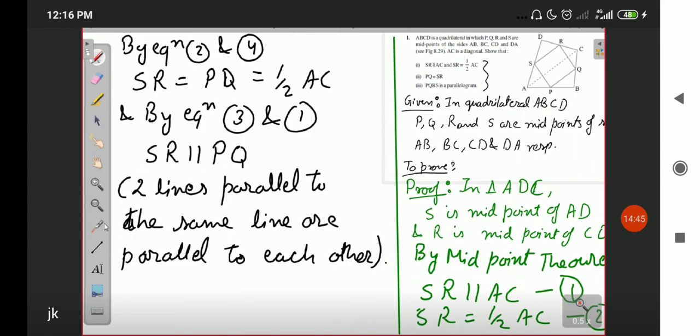Using this, now we have for quadrilateral PQRS, one pair of opposite sides are equal as well as parallel.